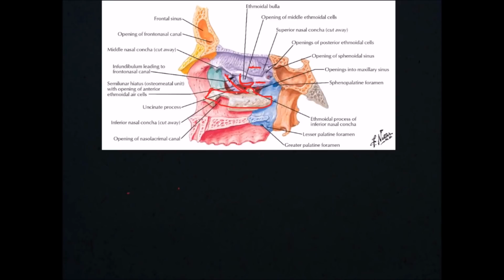You can see in this diagram that this bone is named the inferior turbinate. It also articulates with the uncinate process, that is the ethmoid bone. So which bone articulates with the ethmoid bone? It is the inferior turbinate. So just keep this in mind. Next.